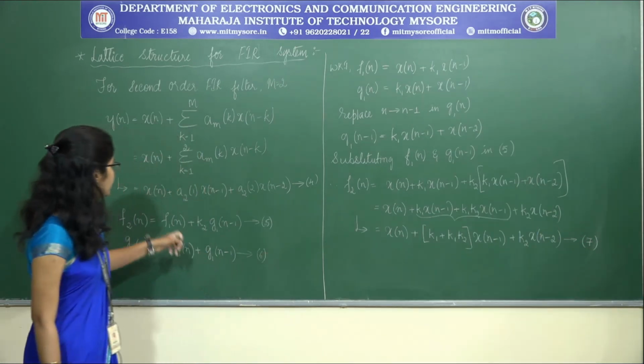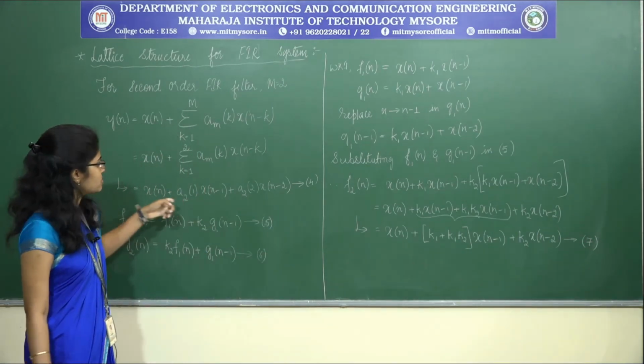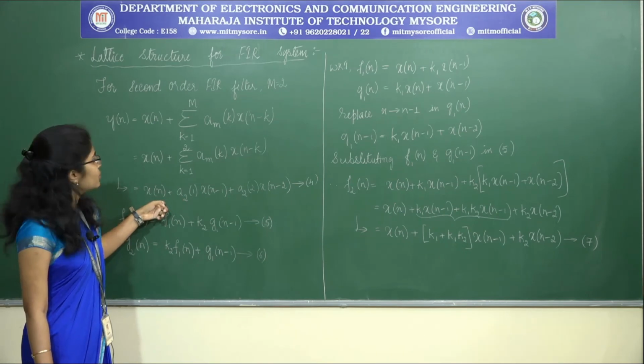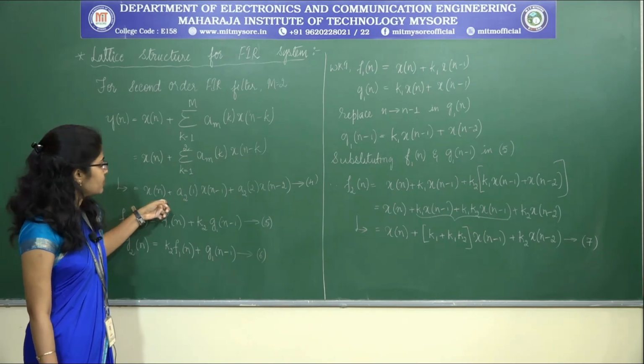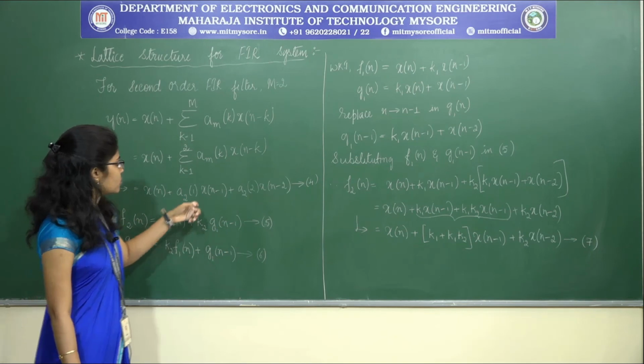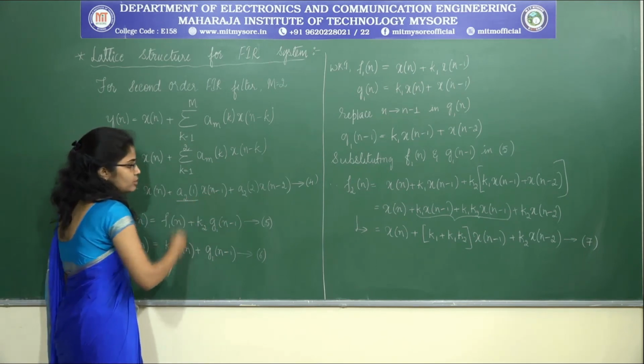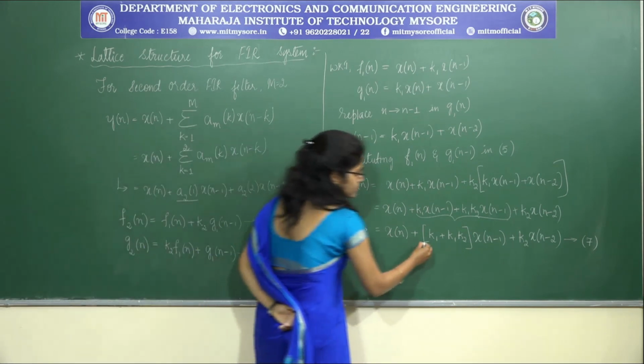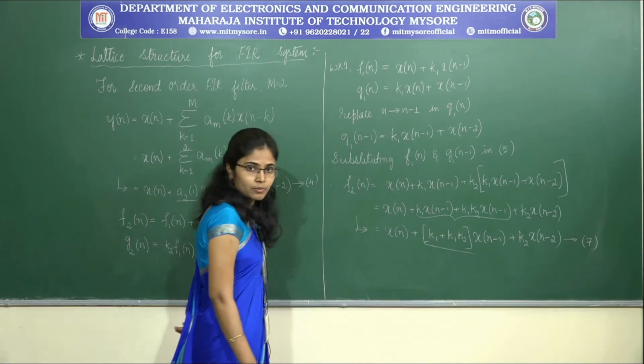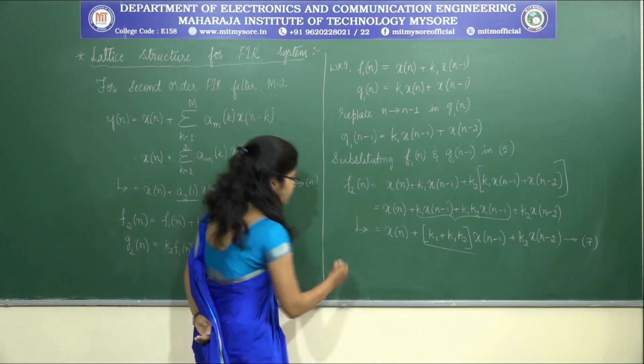Now if I compare equation 4 with 7, so this is a standard equation for a second order filter. If I compare these two, what is the coefficient of x of n minus 1 here? It is a2 of 1, and here it is k1 plus k1 into k2.